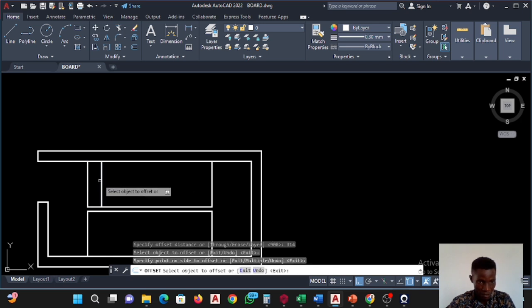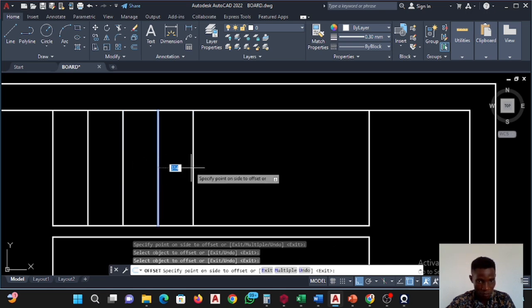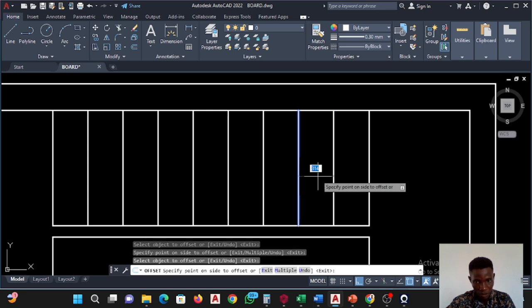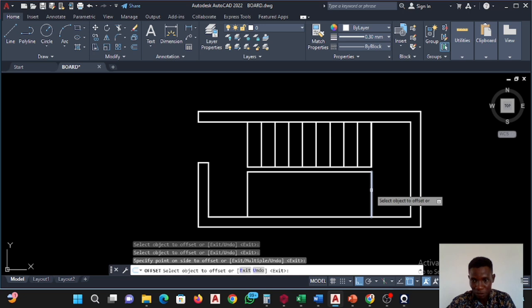I have the first thread, the second thread, the third thread, the fourth, 5, 6, 7, 8, and this is 9. You see, the last one is flush with this. And so I can start from this again. We have 9 thread here, and we can start here again. We are going to have the same thing.